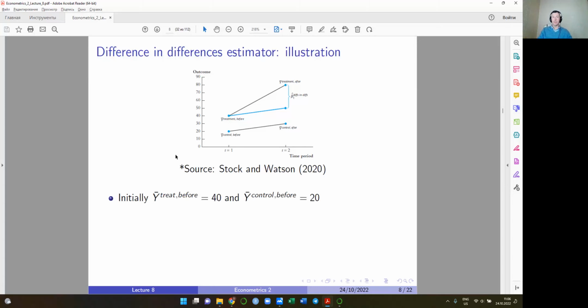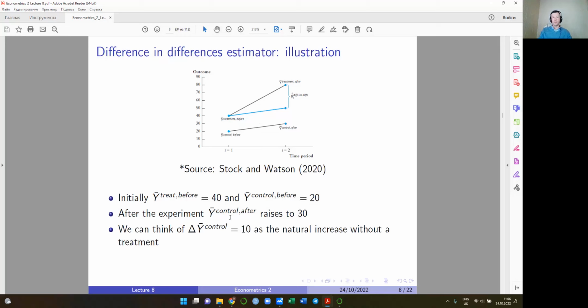So here is the explanation. Before the policy change or before some natural disaster, so before the treatment, the sample average for treated group was 40, for not treated group was 20. Okay, so after the experiment, the control group raises to 30, so plus 10, and we can think of this change as a natural increase without a treatment.